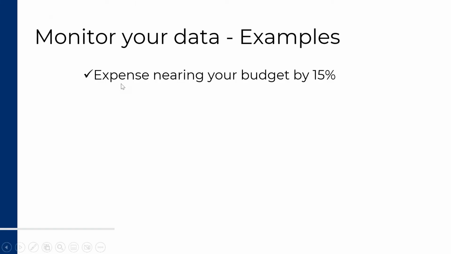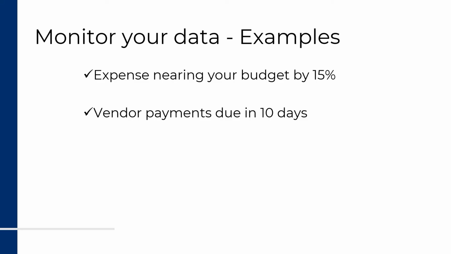So if a GL account exceeds or is getting close to its budget, BAASS Alerts will email a designated user to say, by the way, your subscriptions and dues account is at so much, and you only have 15% of the budget left. And when you look at that email, you go, oh, I need to look into that, right? So you tackle and address that issue before it's too late.